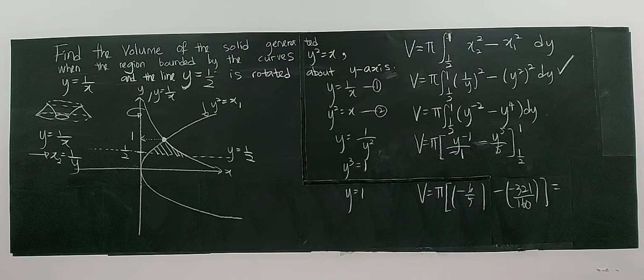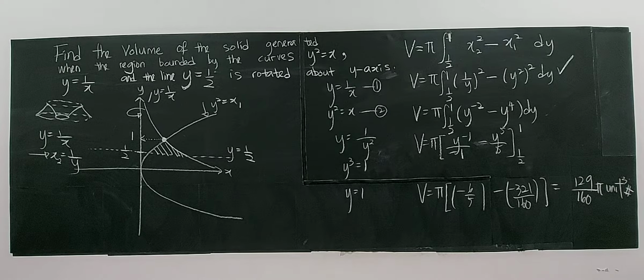Negative 6 over 5 plus 321 over 160 gives 129 over 160. The volume generated will be 129 over 160 pi cubic units.